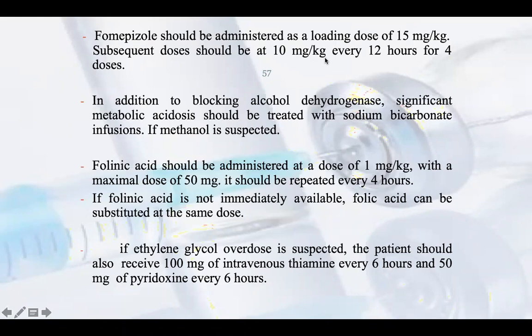It should be repeated every 4 hours. If folinic acid is not immediately available, folic acid can be substituted at the same dose. If ethylene glycol overdose is suspected, the patient should also receive 100 milligram of intravenous thiamine every 6 hours and 50 milligram of pyridoxine every 6 hours.